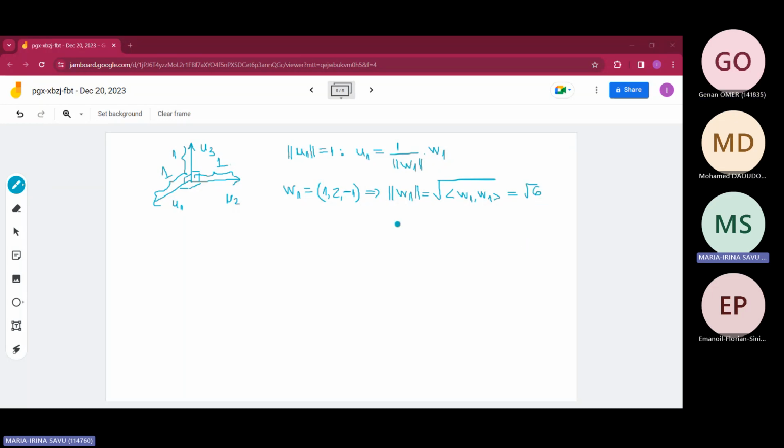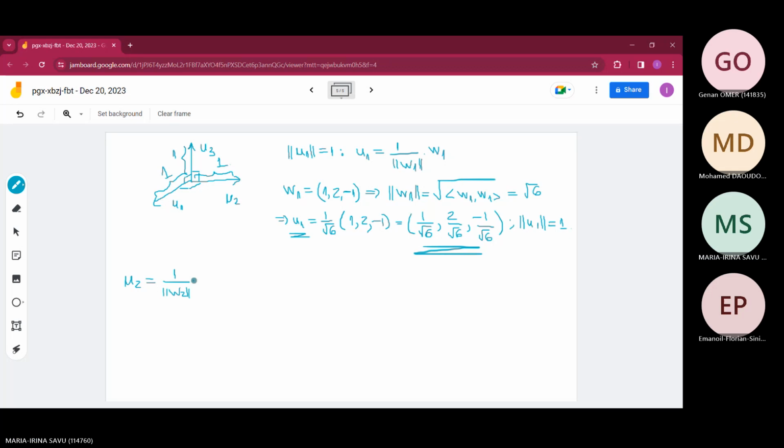So U1 is 1 over square root of 6 times 1, 2, minus 1. This is U1. If you don't trust me, compute the norm of U1 and see that it is 1. In a similar manner, U2 is defined this way.